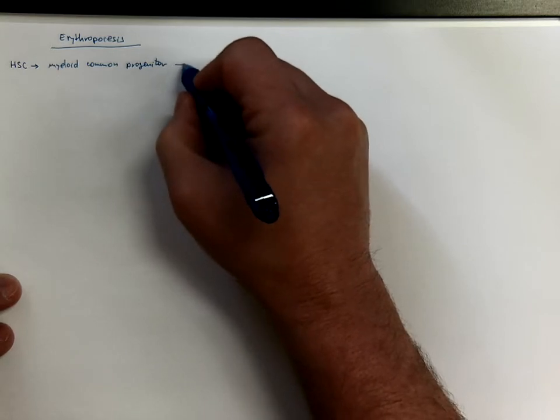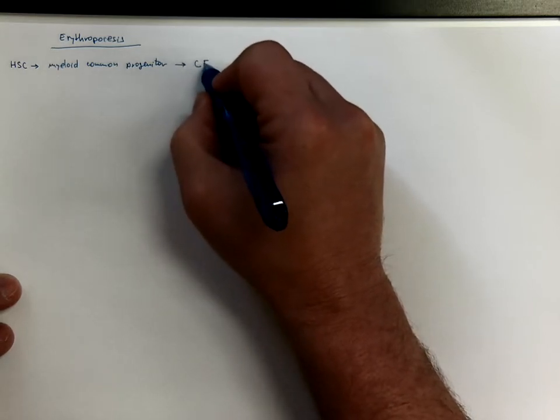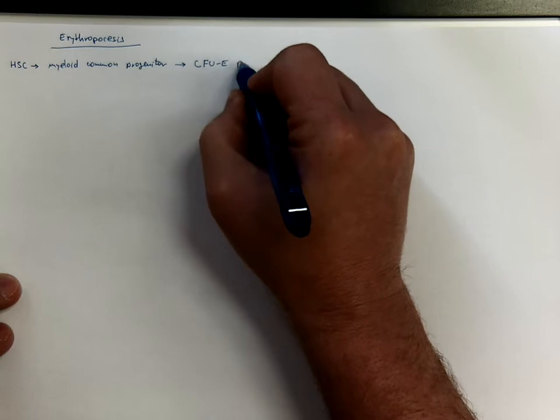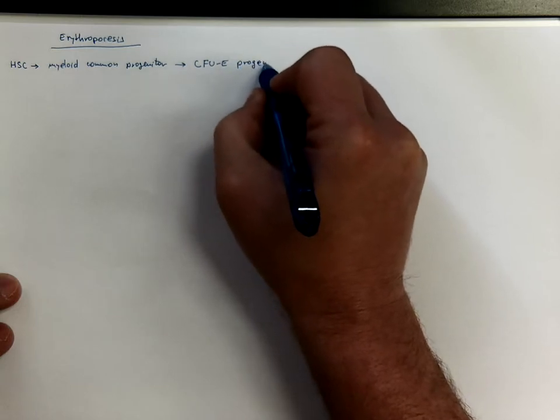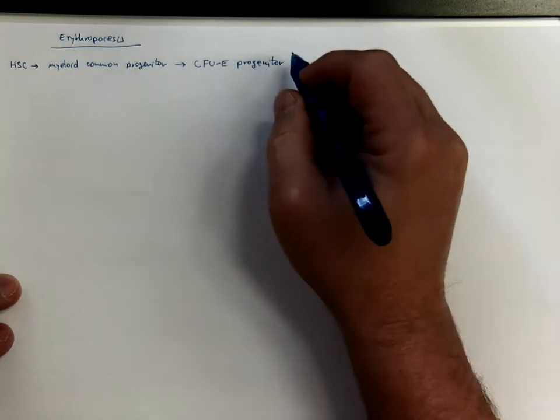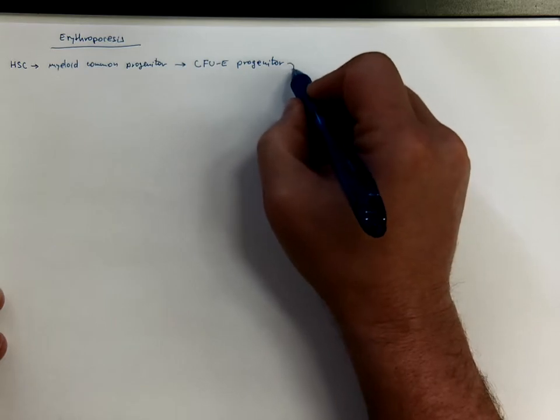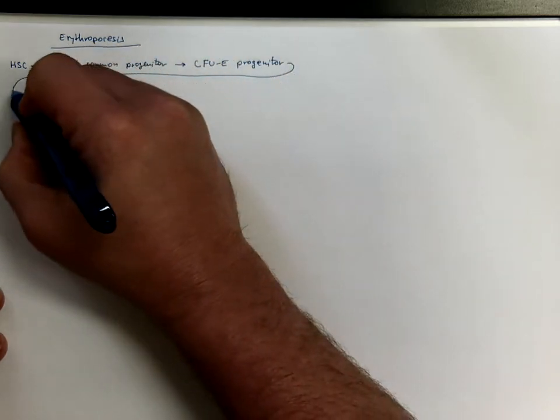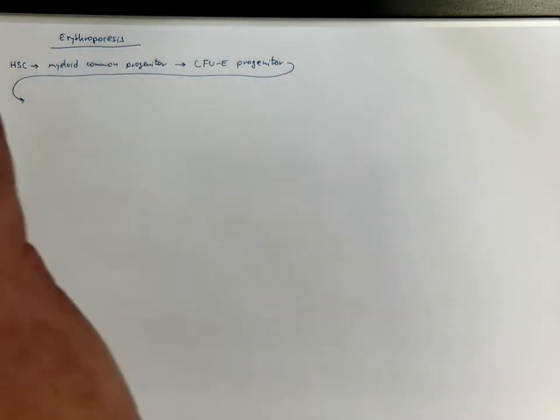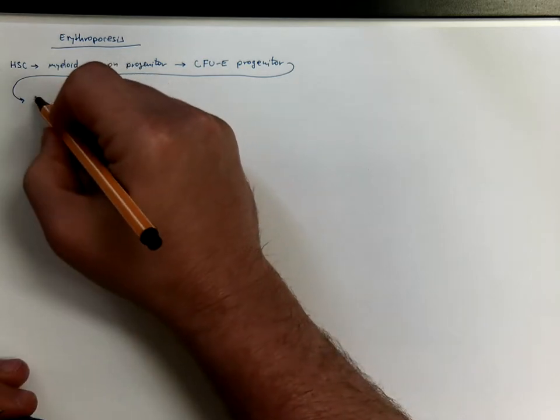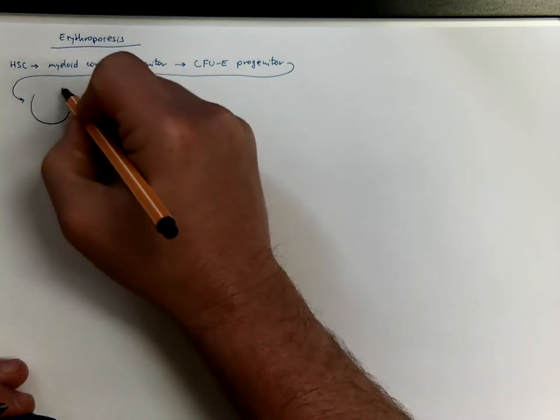And then the CFU-E progenitor, from which a cell called pro-erythroblast differentiates.